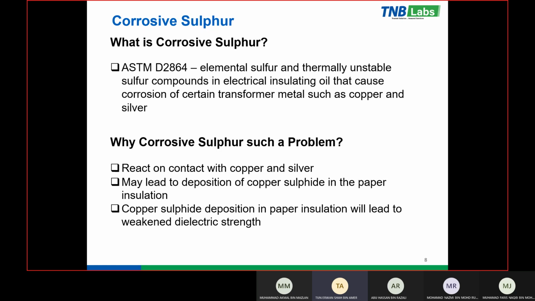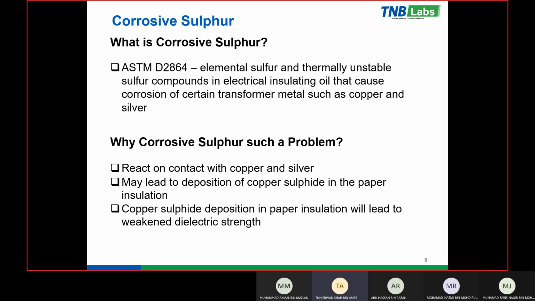It is important to do condition monitoring to prevent corrosive sulfur. Corrosive sulfur is elemental sulfur and thermally unstable sulfur compounds in electrical insulating oil that cause corrosion of certain transformer metals such as copper and silver.